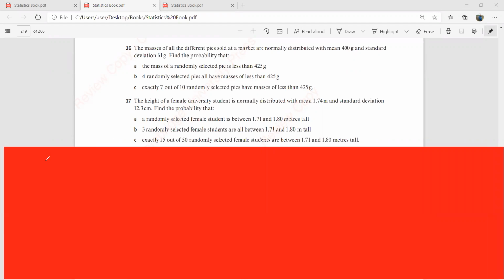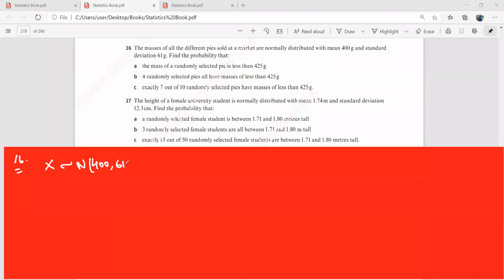So in this question number 16, I would be writing that X is normally distributed, and the mean is 400 grams and the standard deviation is 61.